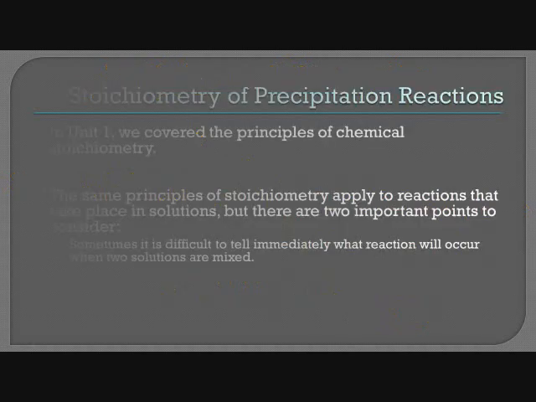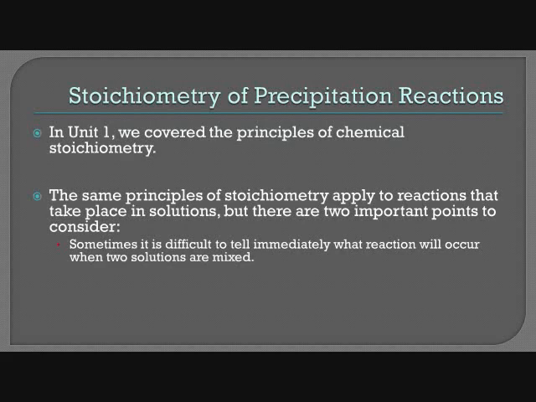Okay. To wrap it up, in Unit 1 we covered the principles of chemical stoichiometry a little bit. These same principles will apply when you have solutions, but 2 points to consider. It's difficult to immediately tell what reaction will occur when 2 solutions are mixed.